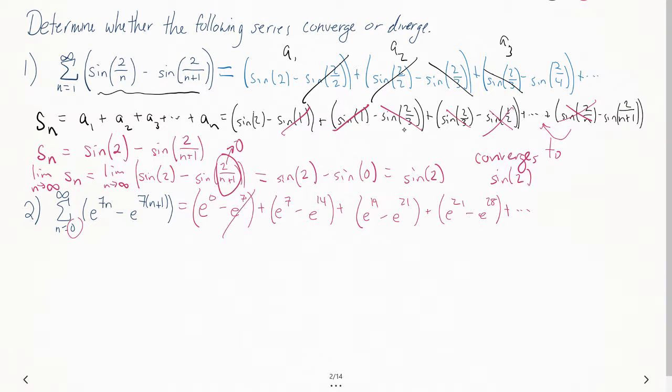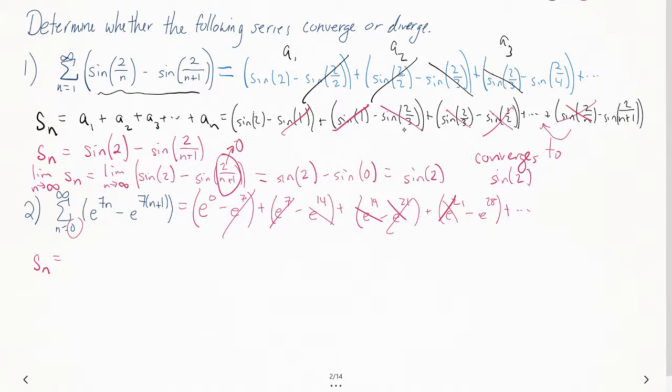Well, notice the e to the 7ths will cancel out, the e to the 14ths will cancel, the e to the 21st will cancel, e to the 28th will cancel with the next term. So the way we can approach this one, same way, you're having a whole bunch of stuff cancel, right?